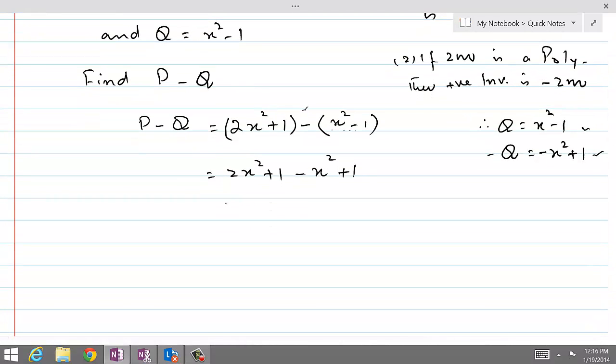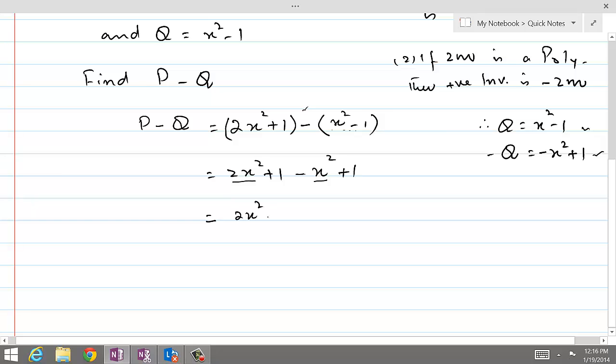Now, just like normal addition, we group the like terms. Here is 2x squared, and is there any other term which involves only x squared? So these are like terms, and we group them together. So this would be 2x squared minus x squared, and then the constant terms plus 1 and plus 1.